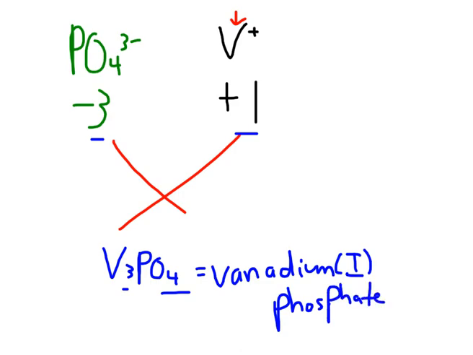Now, this is all well and good, but we haven't really seen an example yet of what happens when you have more than one of the polyatomic ions. So let's go ahead and do that now. Alright, in this case, I'm going to choose to put magnesium with hydroxide.